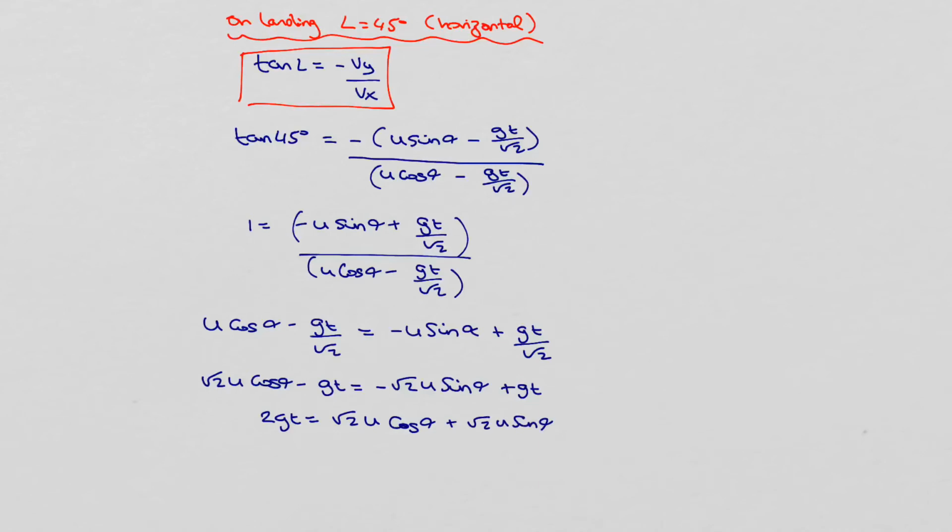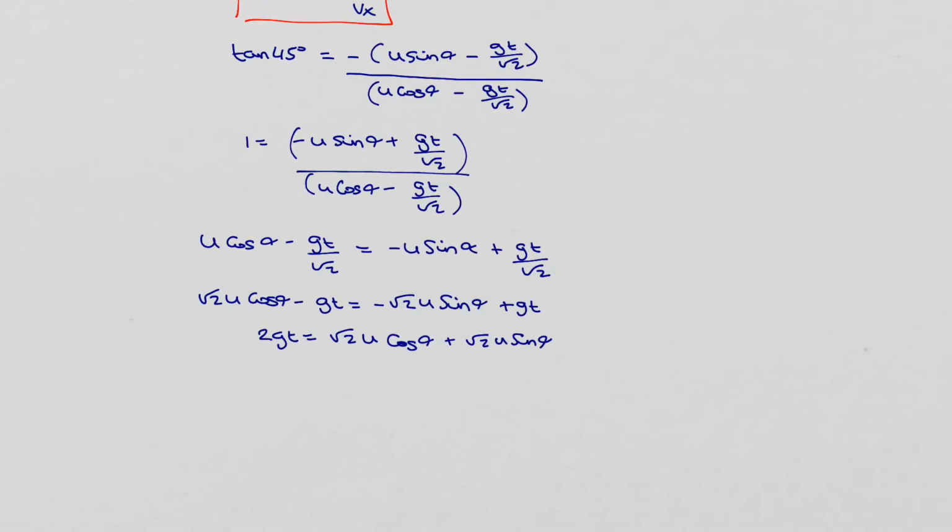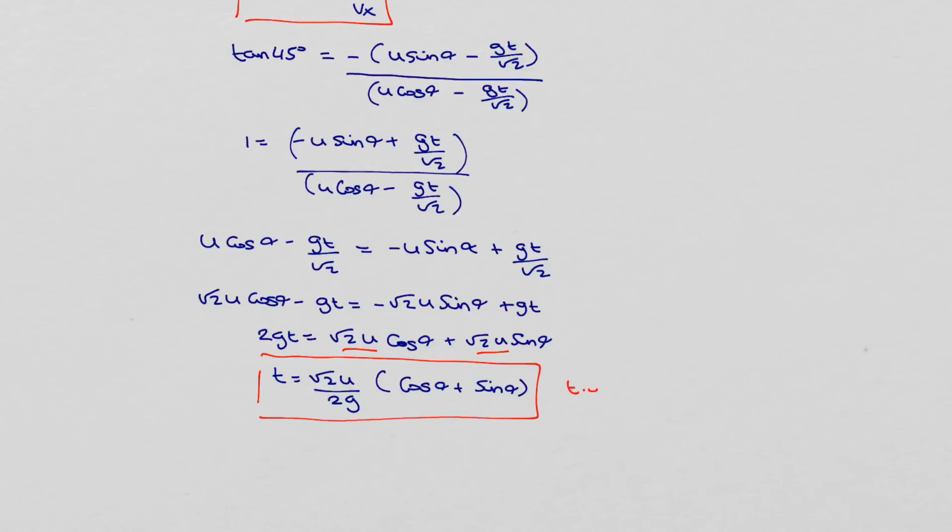Okay, so if I get t on its own, I can see I have root 2u over 2g, and I'm just going to take out the root 2u there as being common. So inside the brackets then I have sine alpha and cos alpha. And this is my time of flight, which is equation 2.